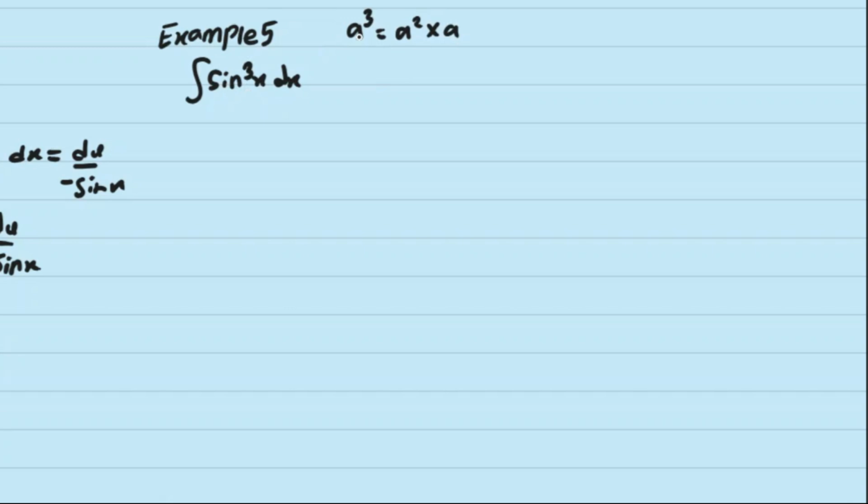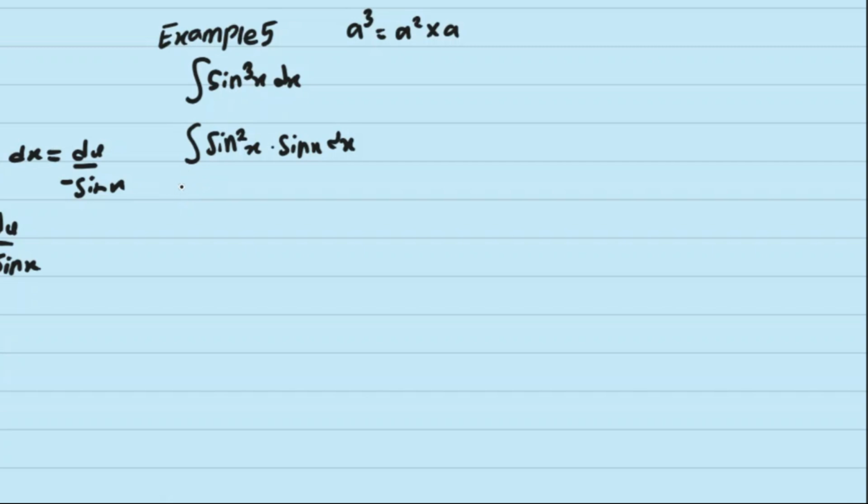So the integral of sine cube x dx can be represented as the integral of sine square x multiplied by sine x dx. From that trigonometrical identity, don't forget, we know that sine square x is the same thing as 1 minus cos square x. That's from your fundamental trigonometrical identity.